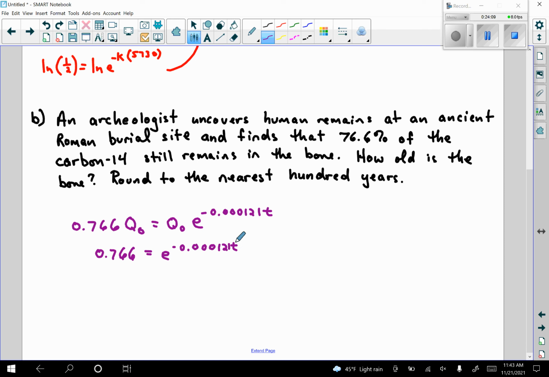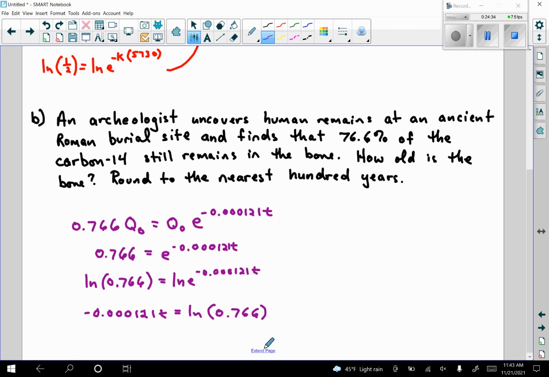We'll take the natural log of both sides. And again, natural log of e will cancel. I'm going to rewrite it this way. Negative 0.000121 t is going to equal natural log of 0.766.